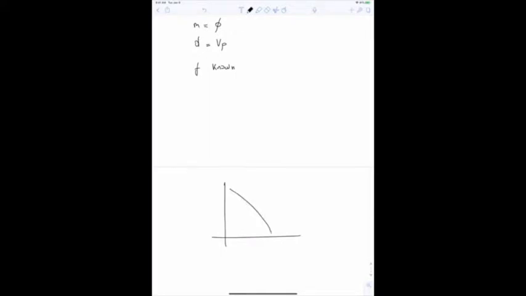Well, this expression here is not too far from being linear, of course. So what you could do is simply take a straight line that approximates the model. So this is the nonlinear model, or the nonlinear equation, and then the dashed line is the linearized model.